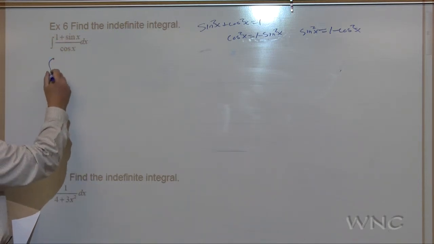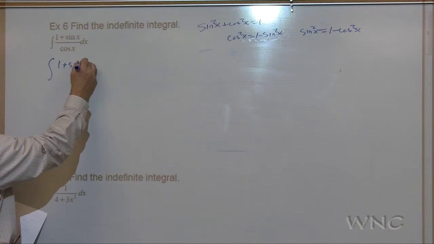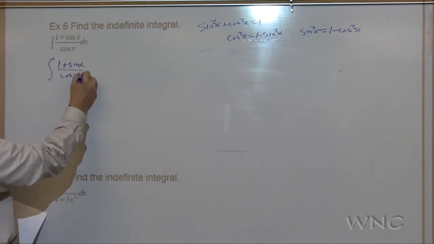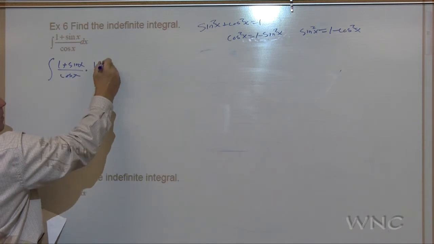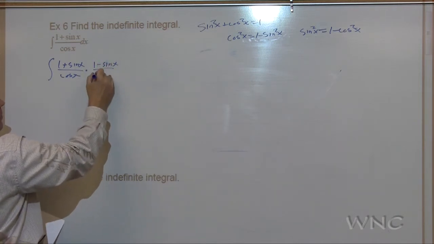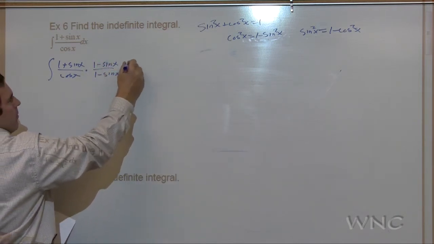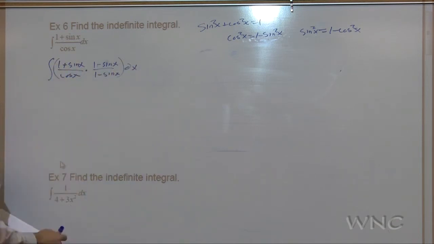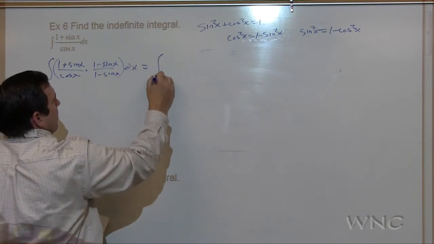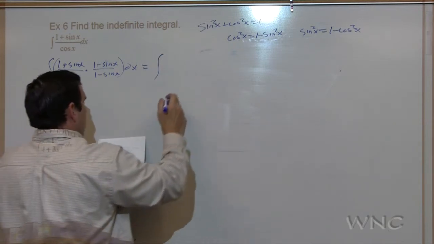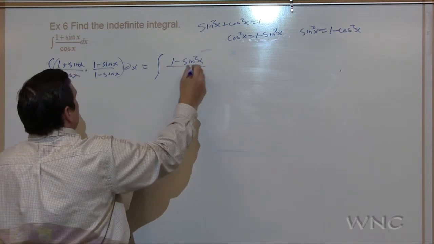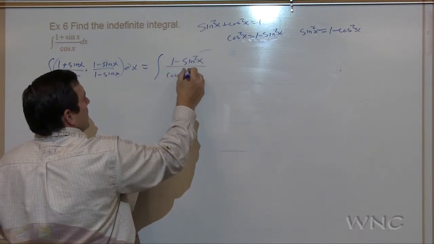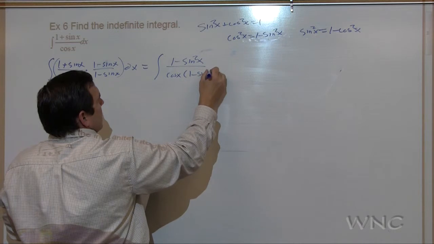If I treat this as the integral of (1 plus sine x) over cosine x and multiply by the conjugate of the numerator, we'll have 1 minus sine squared x over cosine x times (1 minus sine x).